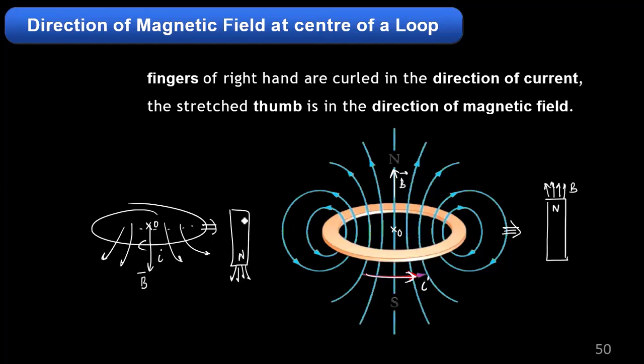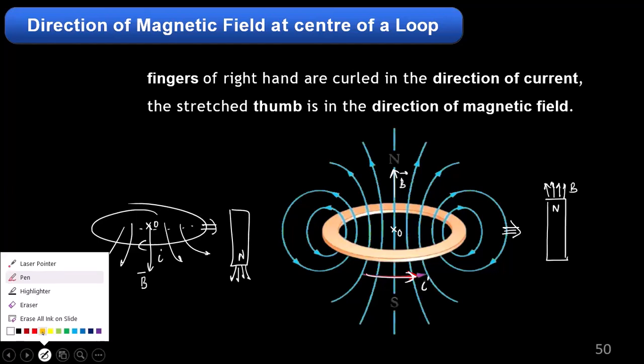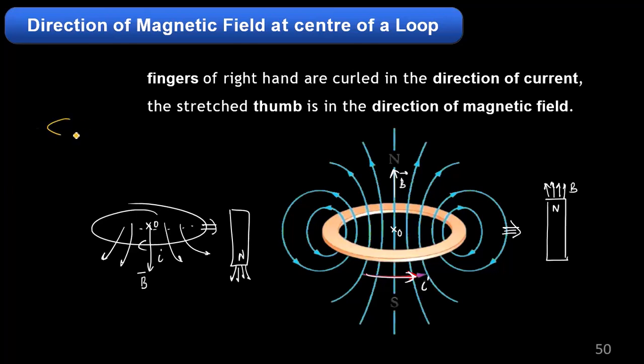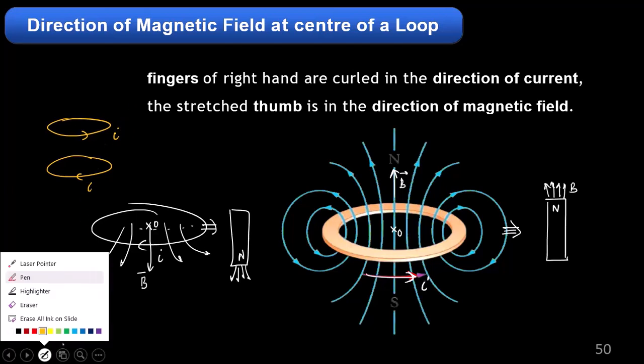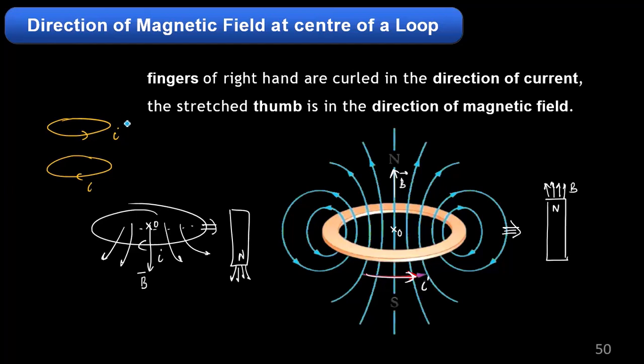Why is this similarity important? Because if I place two different loops, one loop over here and another loop below it, with the current flowing in this direction for the first loop and in the other direction for the bottom loop. The first loop is behaving as a magnet whose north pole is facing upward, that means the south pole is facing downward, because the magnetic field line is upward.